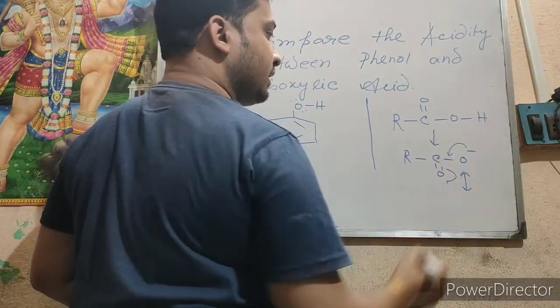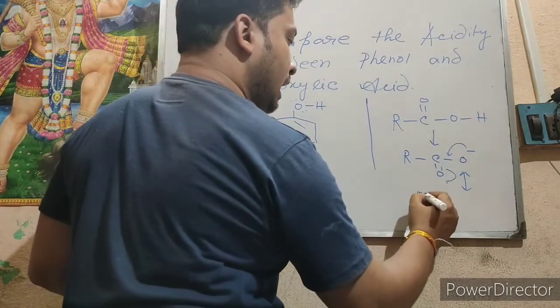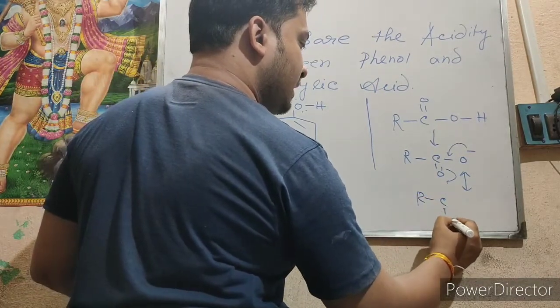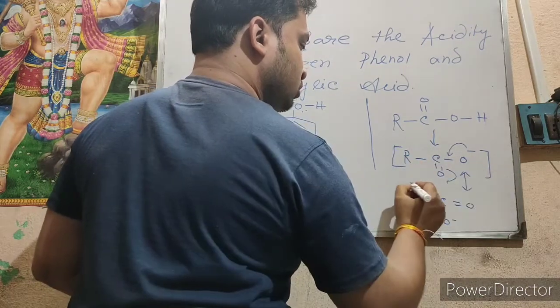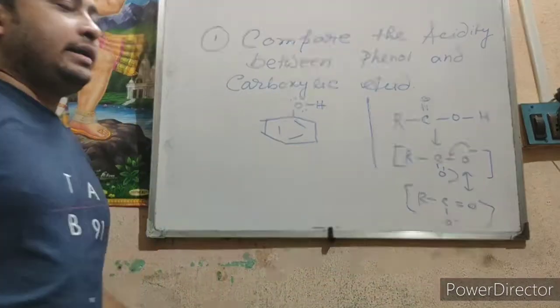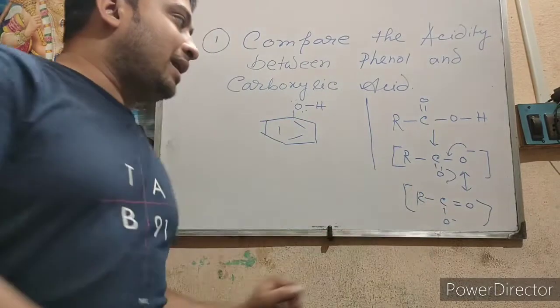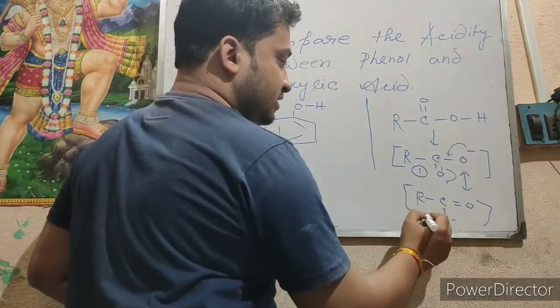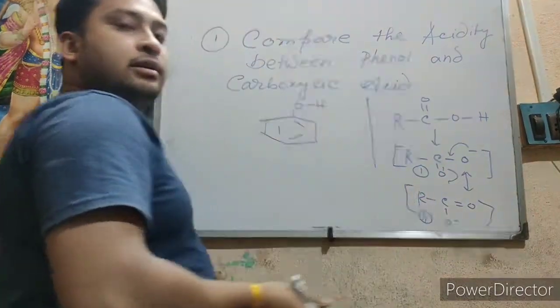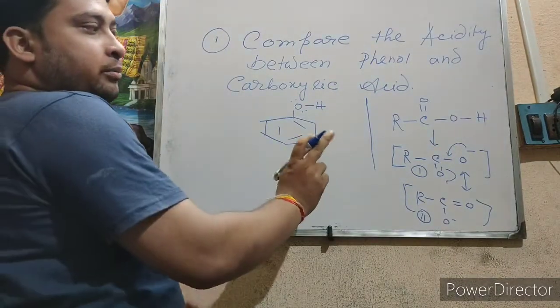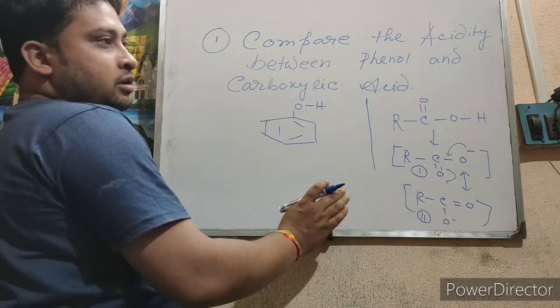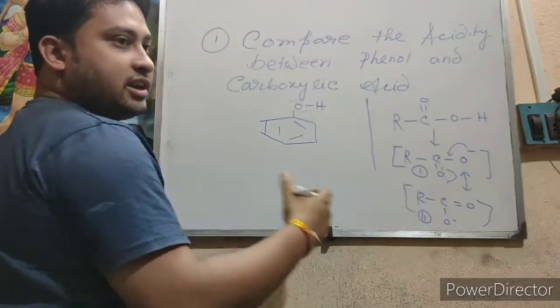So the product is RCO minus and double bond. So the participation of those 1 and 2 resonating structures is more. Okay, both participation percentages are maximum.